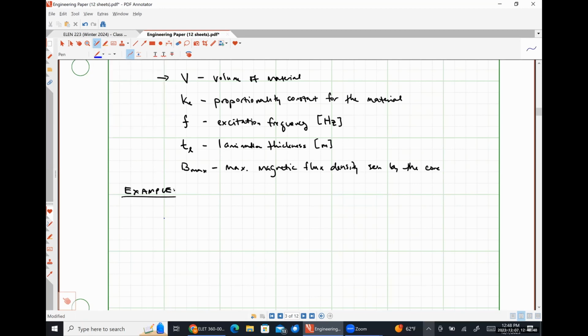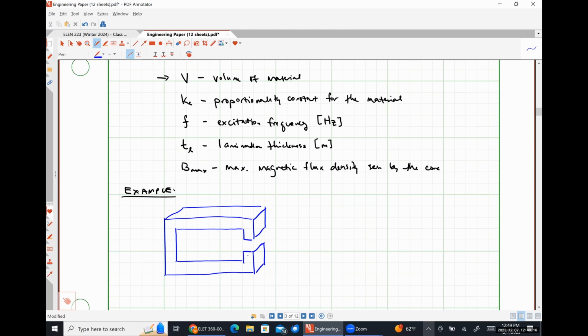It's going to be a horseshoe kind of thing, like so.